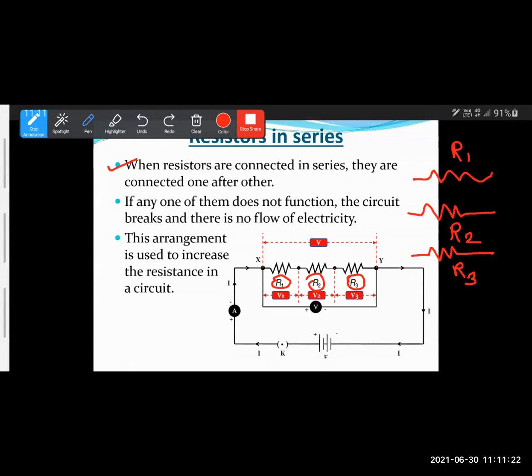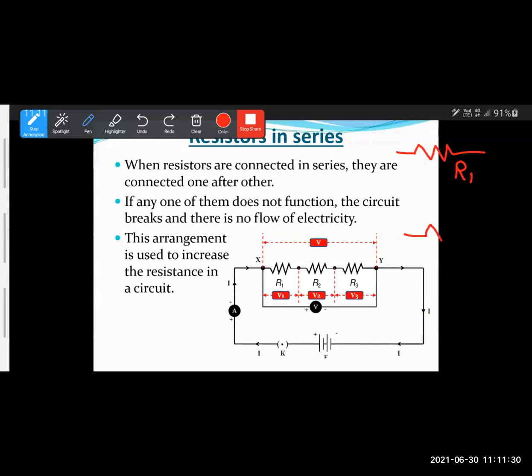Now in a parallel combination, suppose I have two resistors, R1 and R2, right? In a parallel combination, we will connect them across points X and Y in a parallel way. Say this here is your point X, and this here is your point Y. Let us place the two resistors parallel to each other.